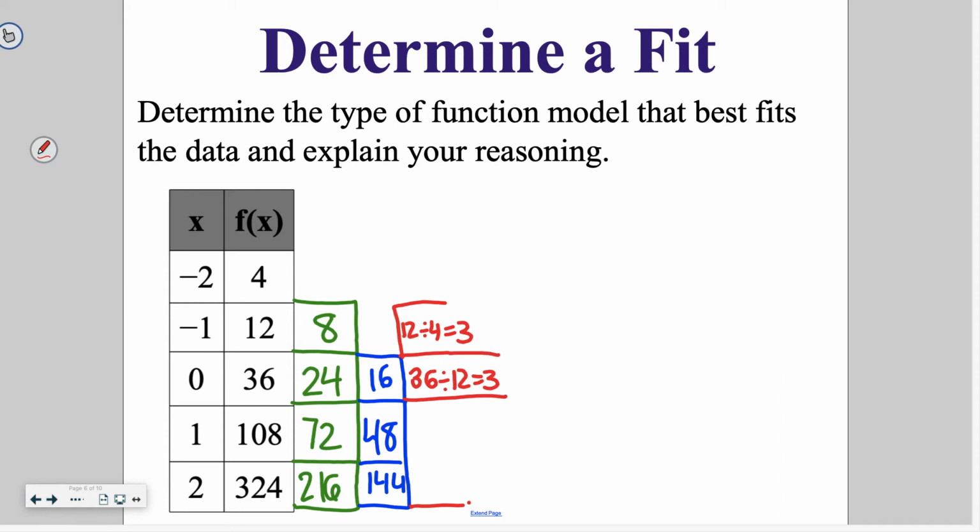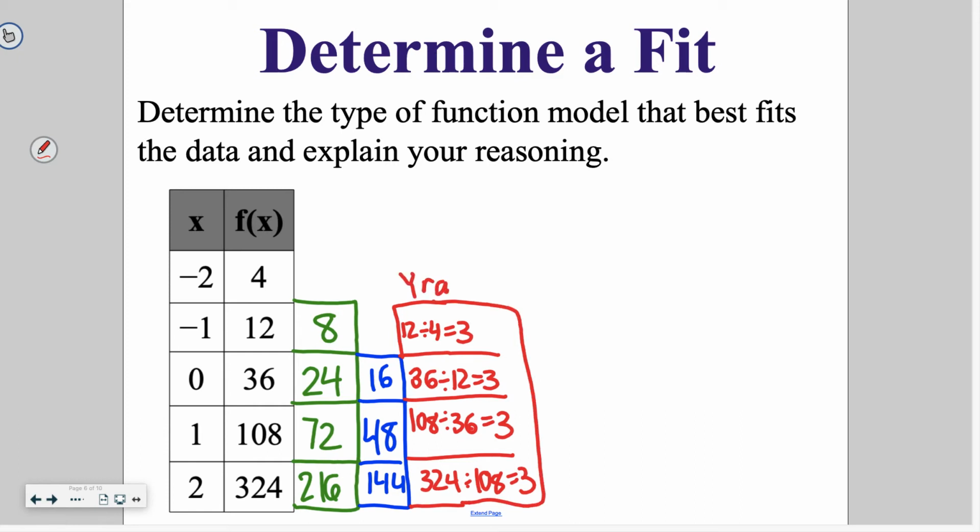Then 108 divided by 36 also gives me 3. And then 324 divided by 108 also gives me 3. So since my y ratio is the one that is consistent, I would say that this is an exponential function.